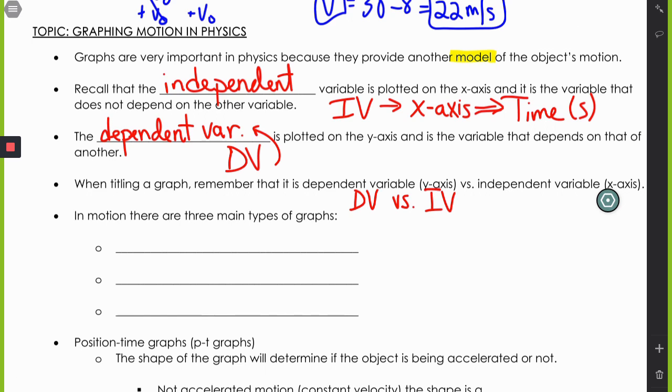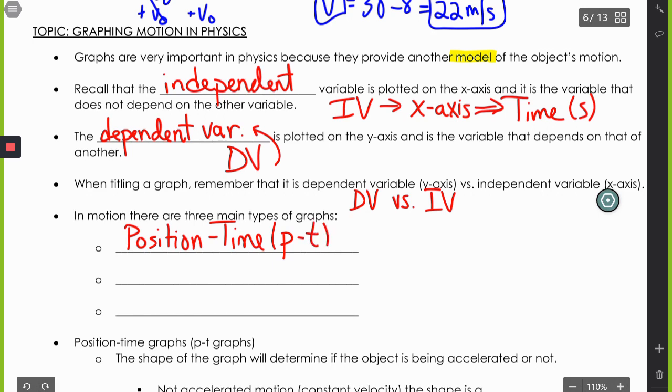Now, when we talk about graphs in motion, we're talking about three types. The first type is what we call a position versus time graph, or a position time graph. You'll hear me call it PT. What that does is it puts position on the y and time on the x.